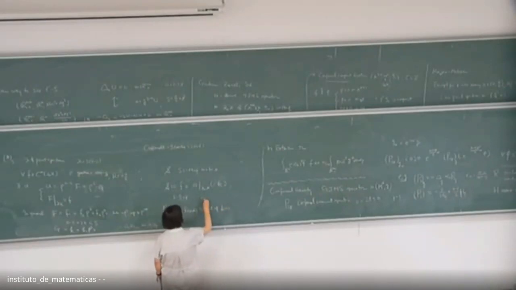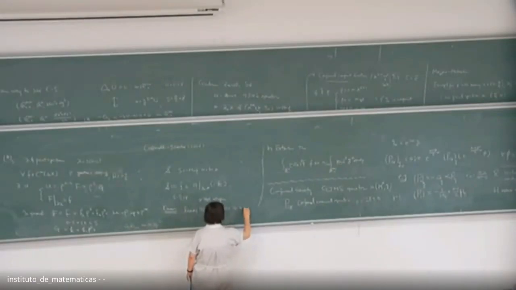Here I should say s cannot be an integer, s equals n over 2 plus gamma, gamma not an integer. This S is a pseudo-differential operator of leading symbol of order 2 gamma.